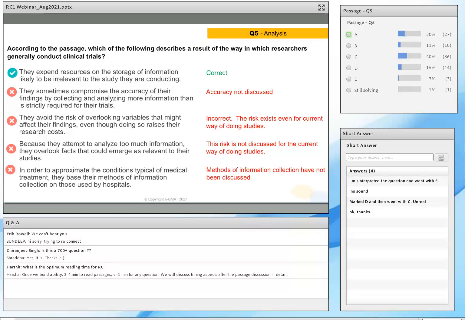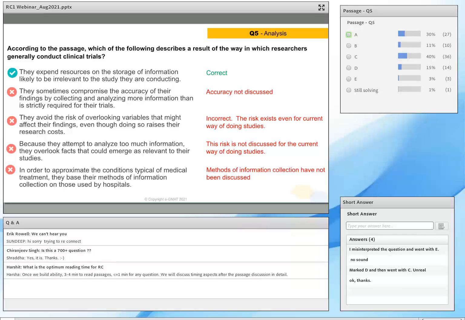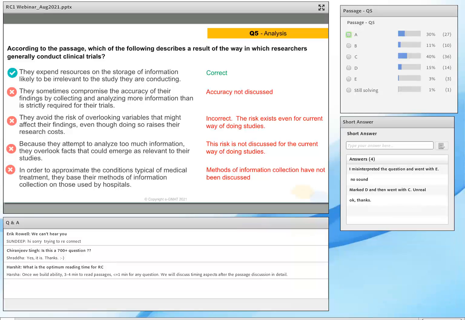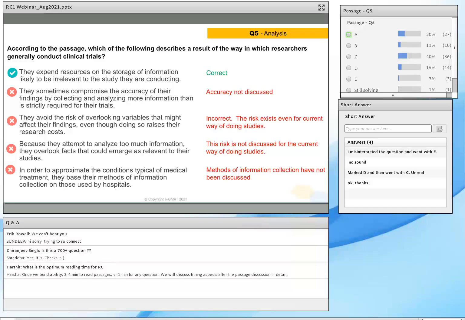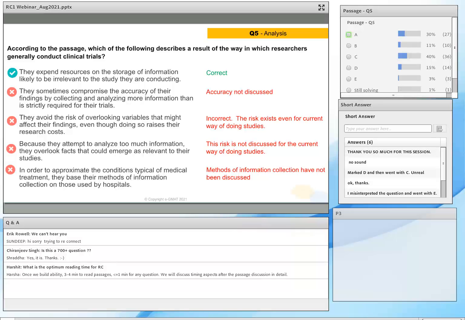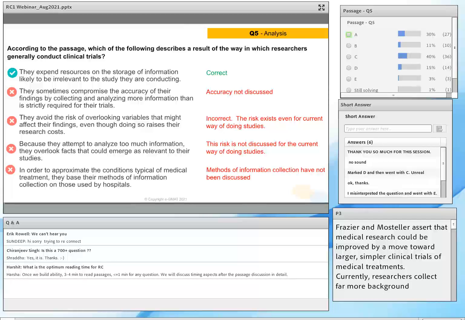We'll talk about why C is incorrect, and I would also like to keep this poll on because I want to hear from you what you think about the analysis that I do. That's very important to understand that you understood the question as well as the answer choice and the passage, of course.